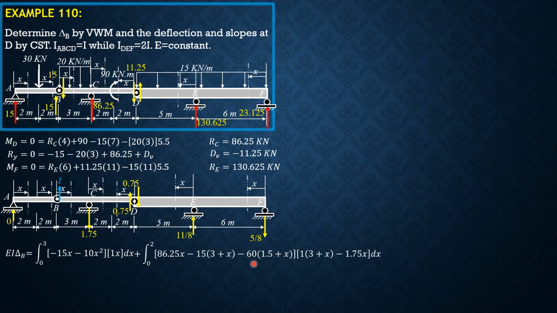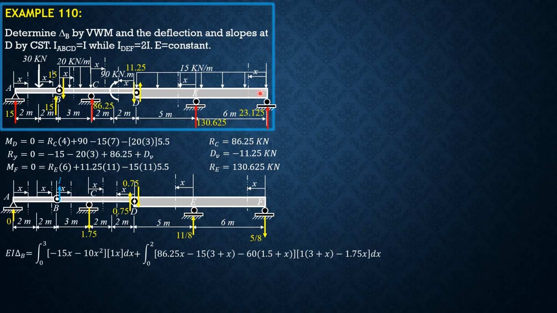Negative 20 times 3 is negative 60, so negative 60 times 1.5 plus x. And the moment in this section here is positive 1 times 3 plus x, then minus 1.75 times x, small m, dx. Then we proceed to this section here.